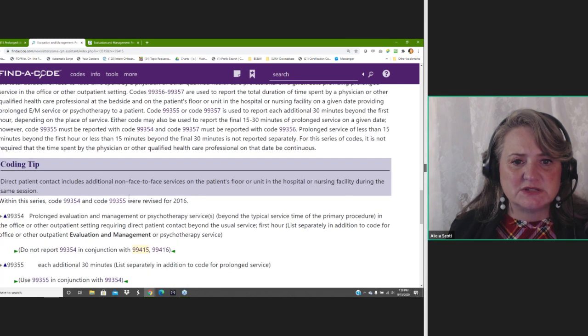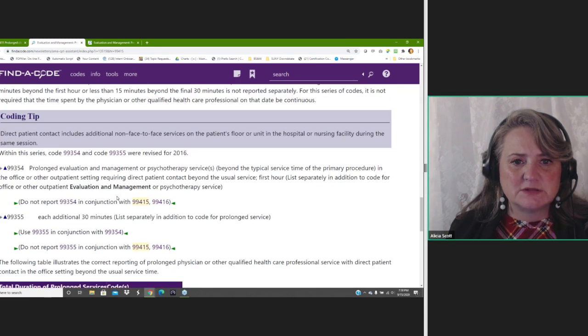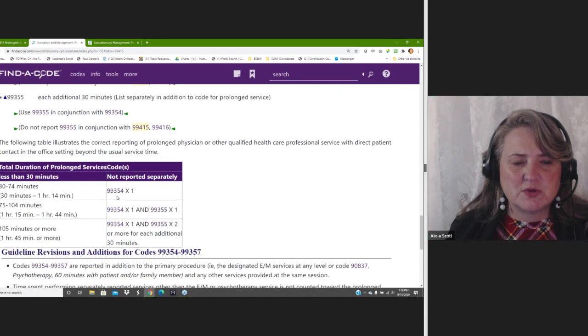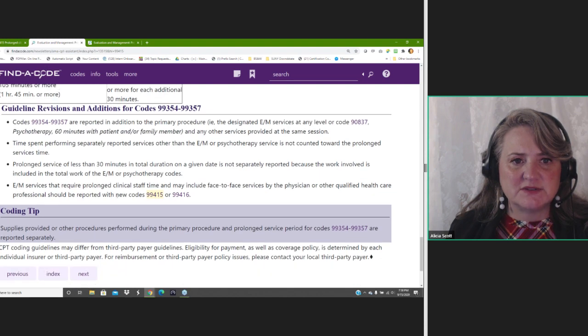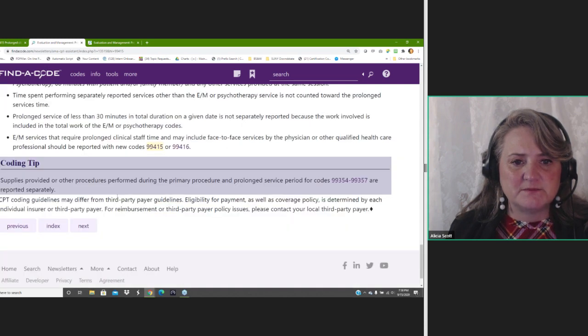Sometimes they'll have a coding tip. Duration. I'm just looking directly for Medicaid to see if there's any billing tip. And as well as determined by each individual insurer and third party for reimbursement.